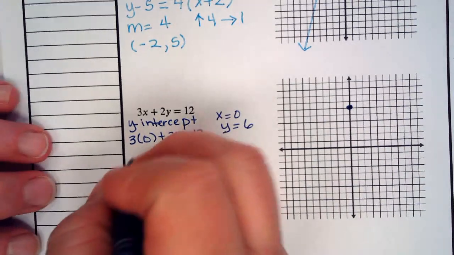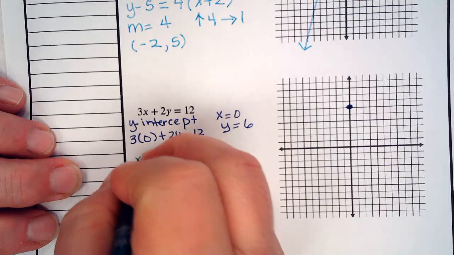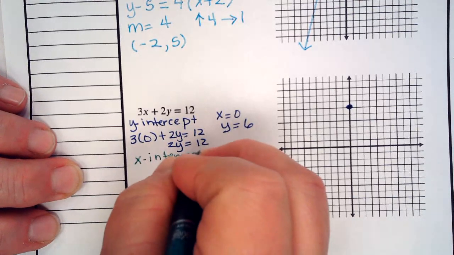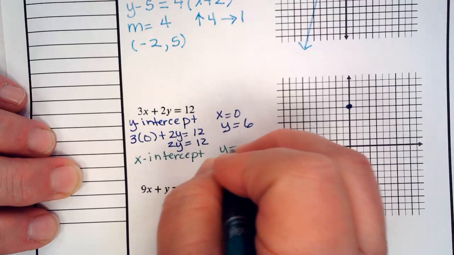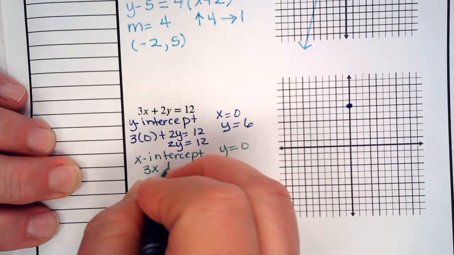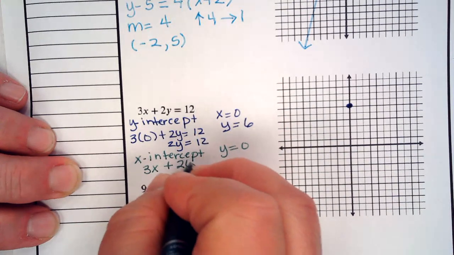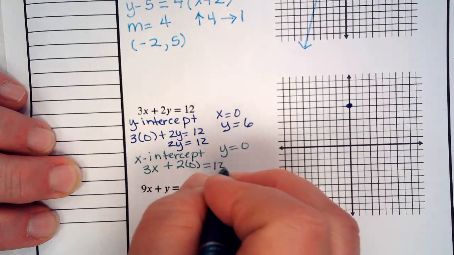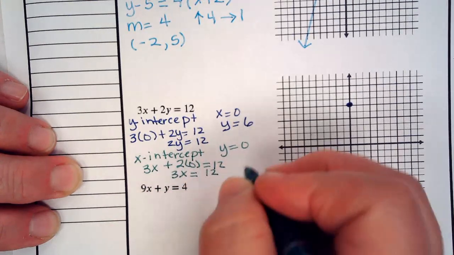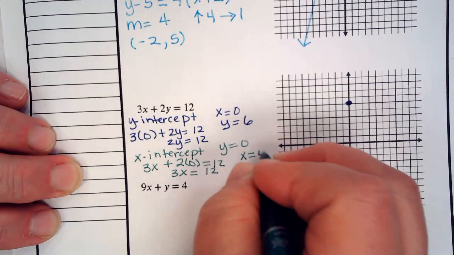For the x-intercept, y is equal to 0. So 3x plus 2 times 0 is equal to 12. 3x is equal to 12. X is equal to 4.